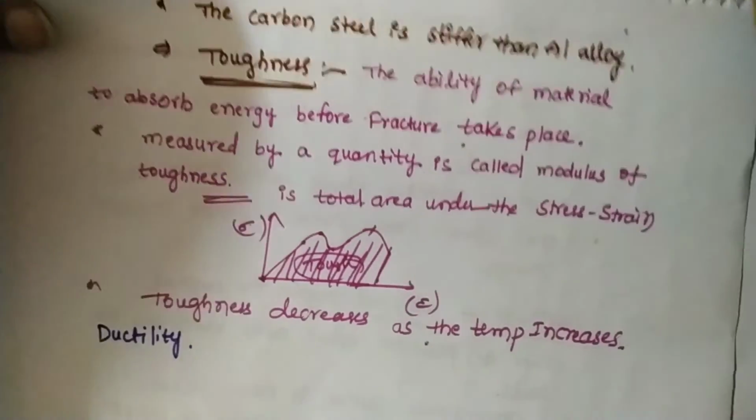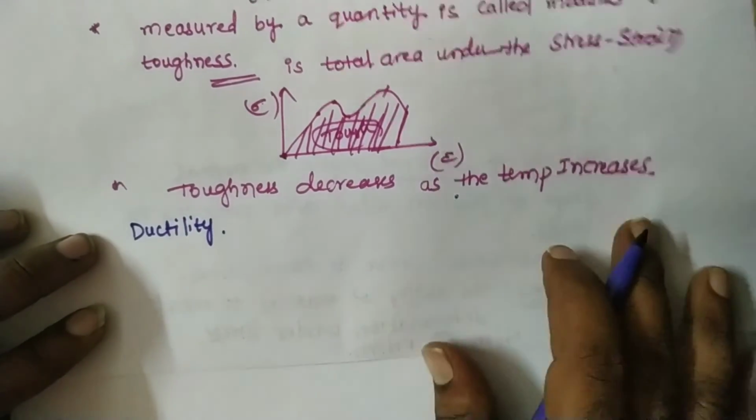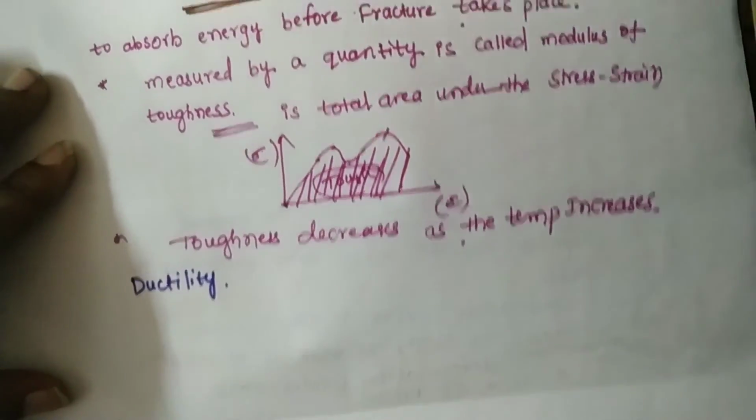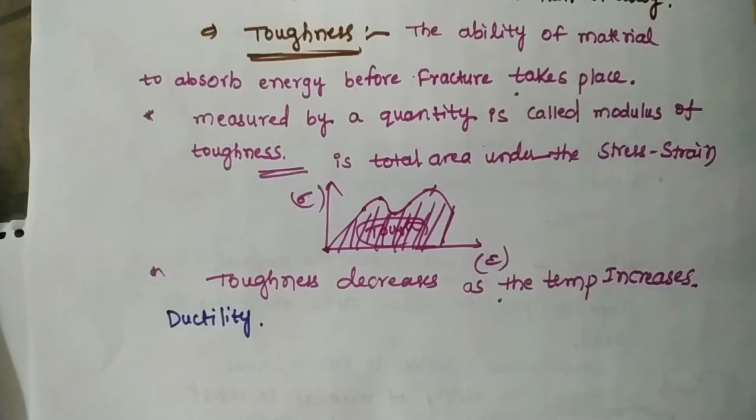Okay, so the next property is ductility. So what is the meaning of ductility?